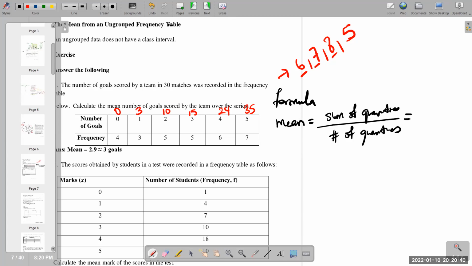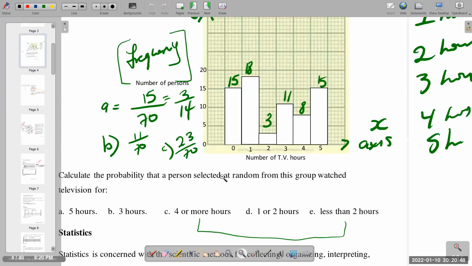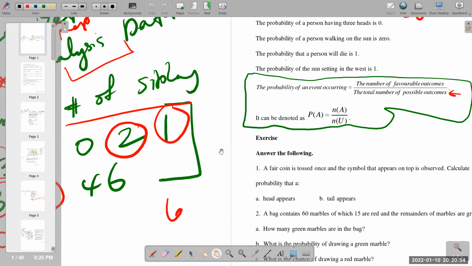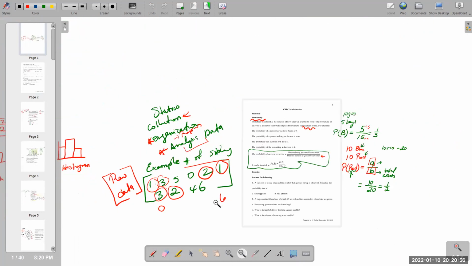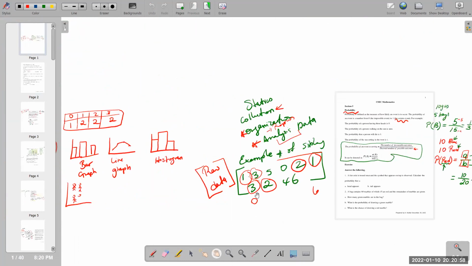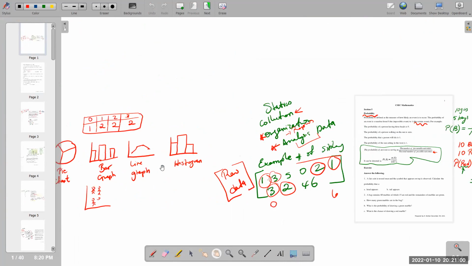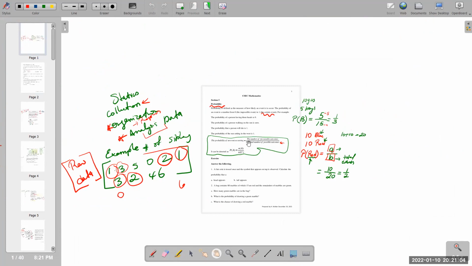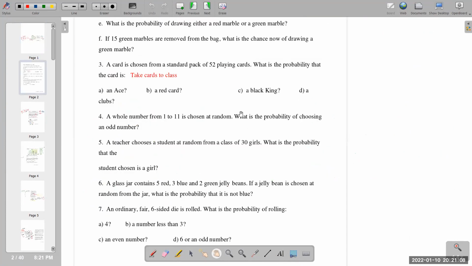Just to quickly recap what we've done, to make sure we remember, and then you're going to give me a ranking of everything you understood. We went through the general idea of statistics. We looked at the different types of diagrams we're going to come across shortly. We looked at probability, and I think we were very strong in probability.